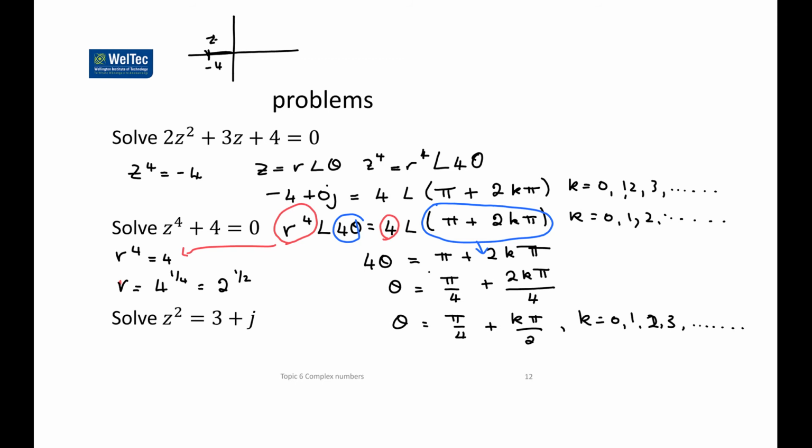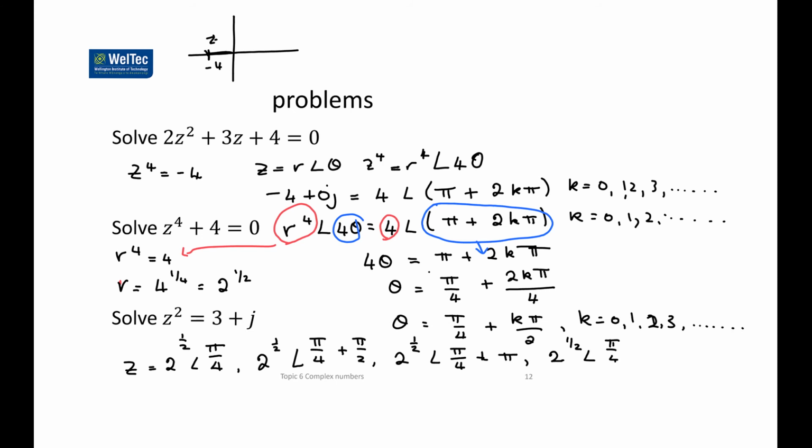So z is going to equal 2 to the half angle pi by 4 when k is 0, and 2 to the power of a half angle pi by 4 plus pi by 2 when k is 1, and 2 to the power of a half angle pi by 4 plus pi, and 2 to the half angle pi by 4 plus 3 pi by 2, and anything after that we're starting again, and it also corresponds with the fact that we've got 4 roots as well.